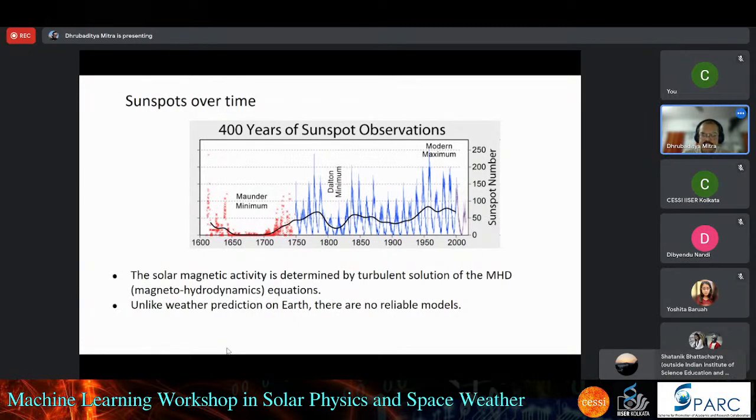For that, I will use the word prediction. Whereas when we say tomorrow there is a 60% chance of rain, that's what I would call a forecast. So what we are trying to make here is a forecast. And then I would like to draw an analogy between climate and weather on one hand, and space weather and the very long time behavior of sunspots on the other hand.